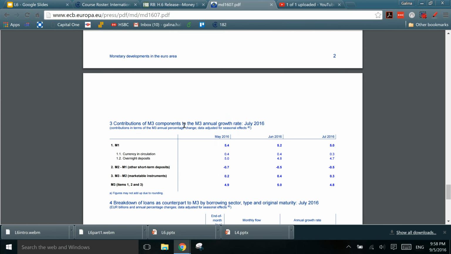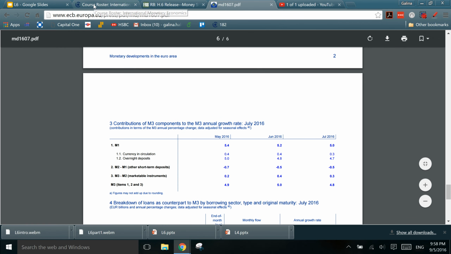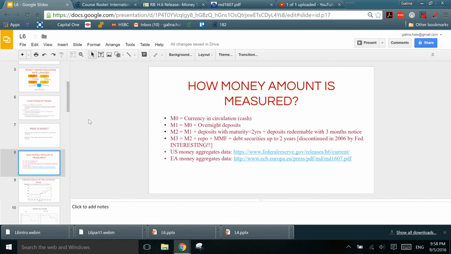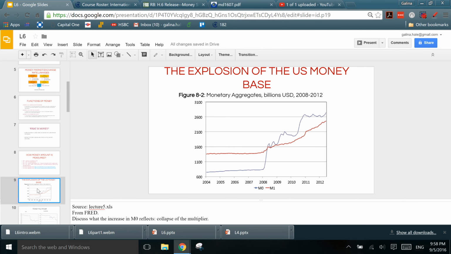And that's it. So going back to the lecture slides now, we can see that in recent years in the US, the money base has increased dramatically during the crisis. And we're going to talk at great length late in the semester why it happened.